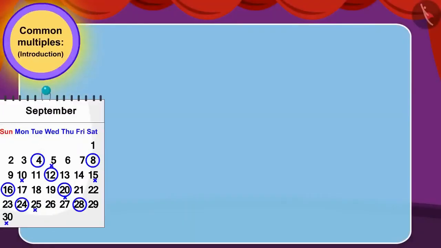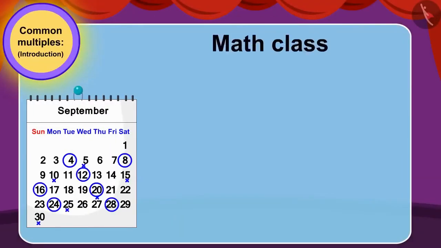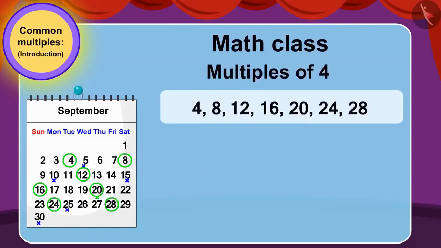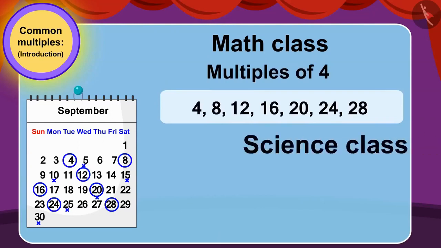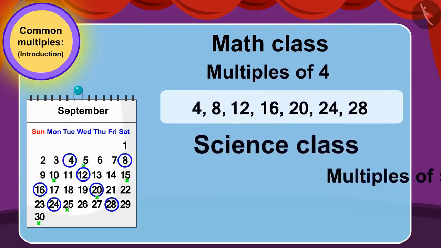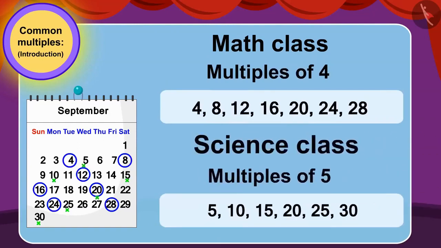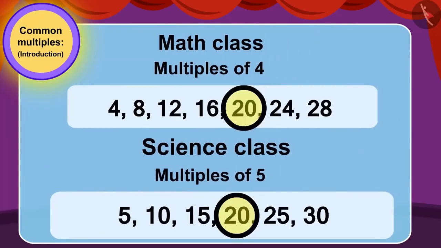Children, we can see that Bablu's math class dates are multiples of 4 and his science class dates are multiples of 5 and 20 is a multiple of both numbers.